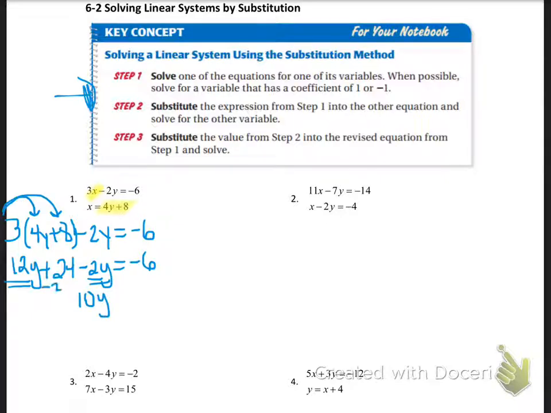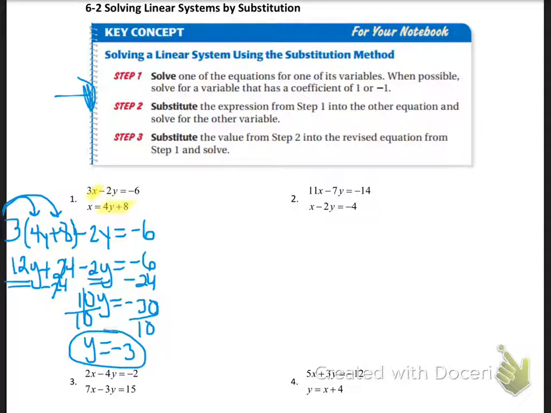And I need to move 24 over to the other side, so I'm going to subtract it on both sides. And that's going to be -30. Divide both sides by 10. So now I've got y equals -3.